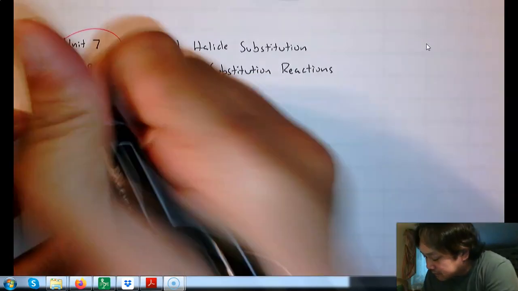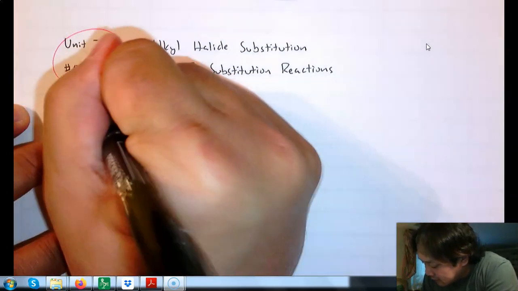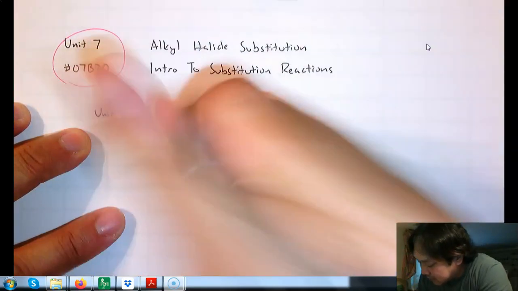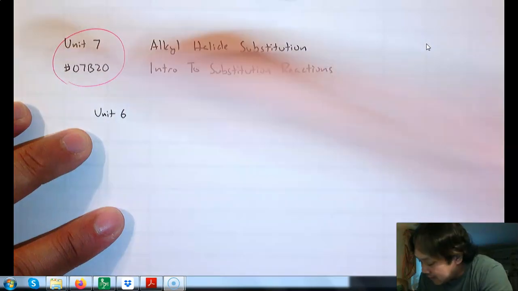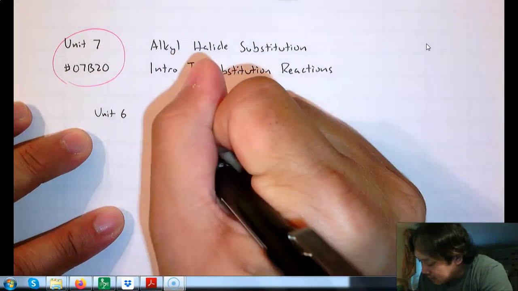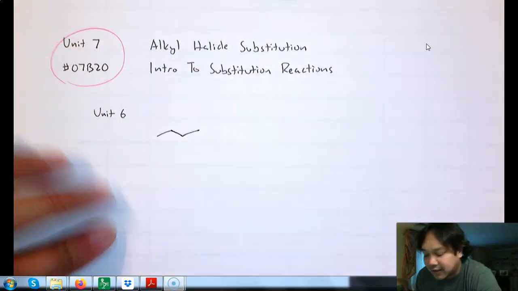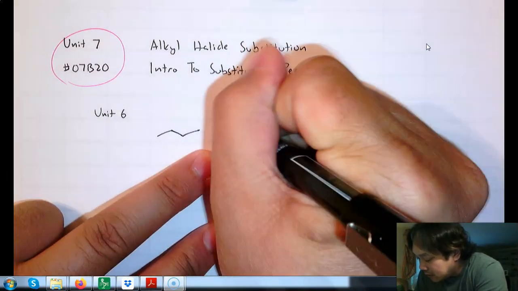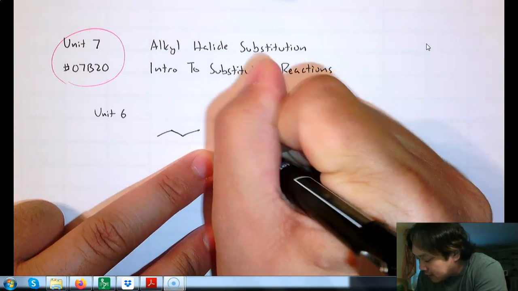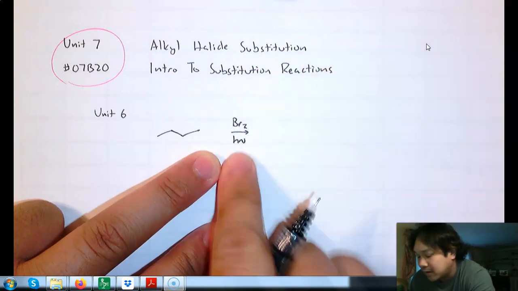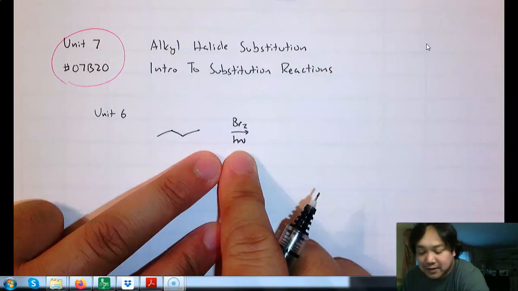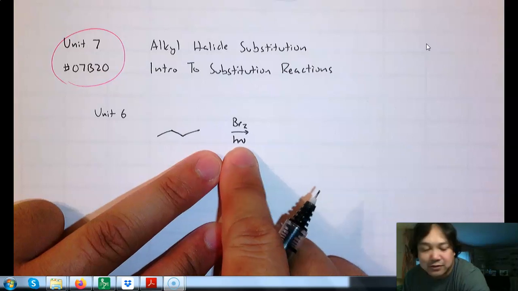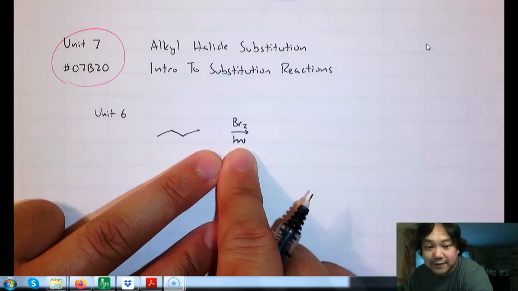So in Unit 6, we could take this alkane, and to do a radical halogenation, we're going to use Br2 and light. Okay. The abbreviation for light is Planck's constant times the frequency. That's actually the energy of a photon of light.